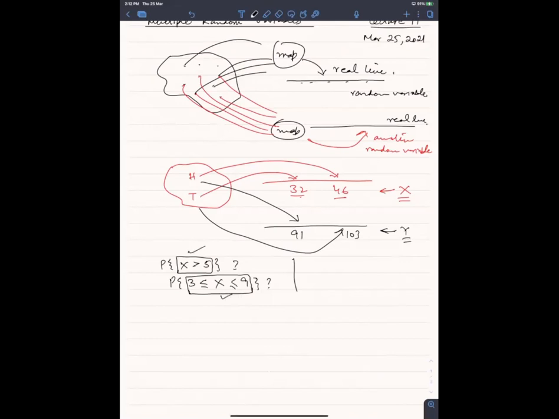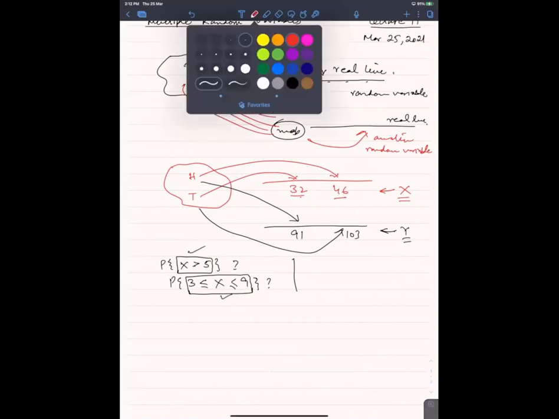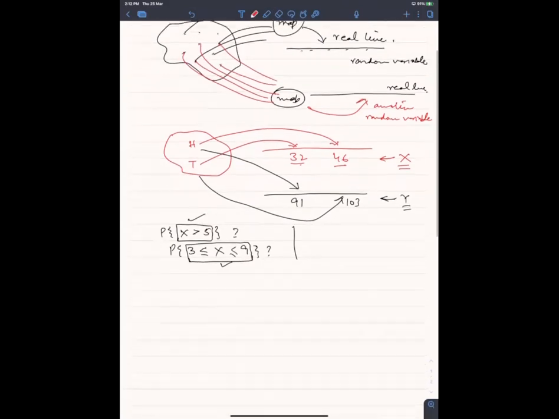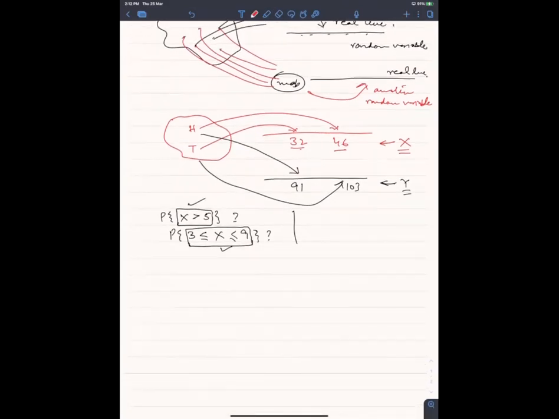You can also define an event in terms of multiple random variables. So you can answer all probability questions, probability of a certain event. और ये जो इवेंट हम कह रहे हैं, ये इवेंट हमने x को यूज करके बनाया है. X greater than 5 is an event, x between 3 and 9 is an event.